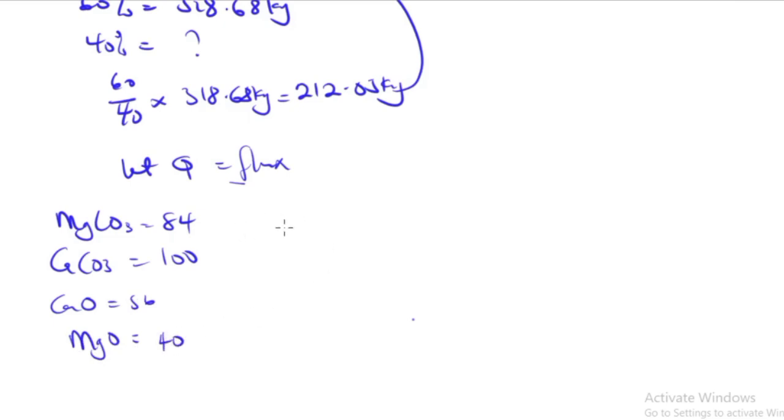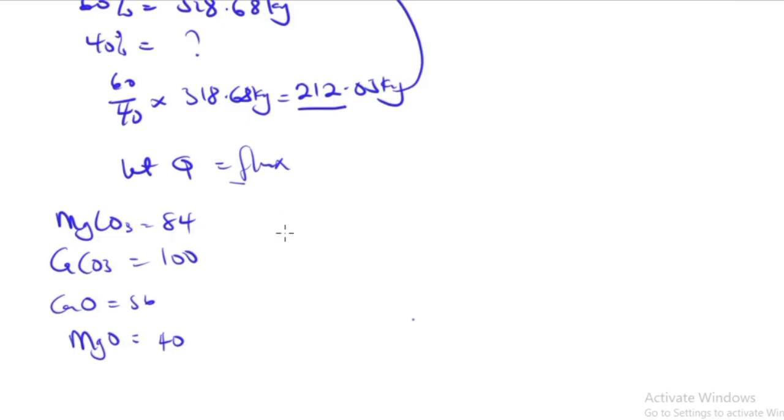So we are going to use the molar mass of unknown over molar mass of known times the mass of known. Let's take the first one. We are trying to balance all, so we are combining the two and equating it to the 40%, which is 212.05 kilograms.